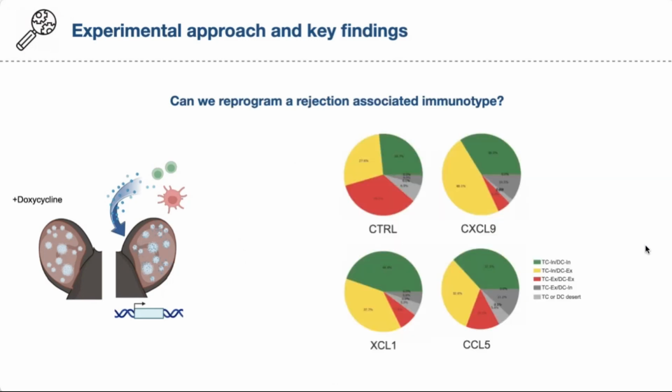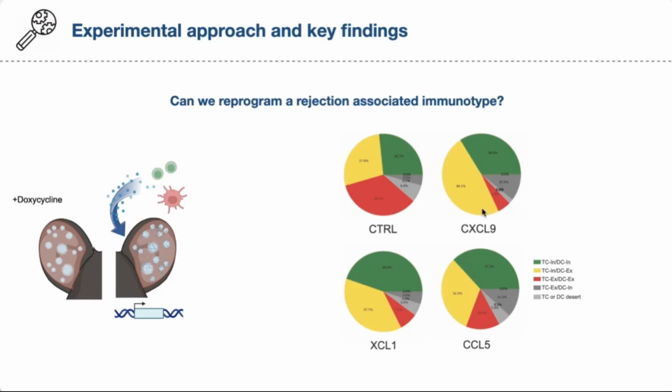And if we look at the actual spatial immunotypes that are programmed by these different chemokine interventions, we can see here the control ear with a somewhat even distribution between our three different immunotypes. With CXCL9 expression, we see a large expansion of this population that has T cell infiltration without dendritic cell infiltration.